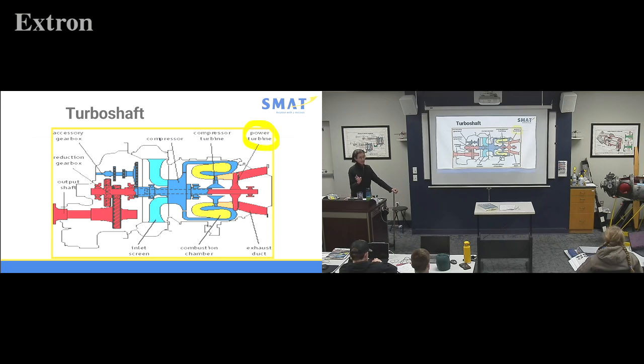These are just two examples. Like Garrett's, these can be used for turboprop. It's just how the output is connected, if it's geared to a shaft or geared to a prop.